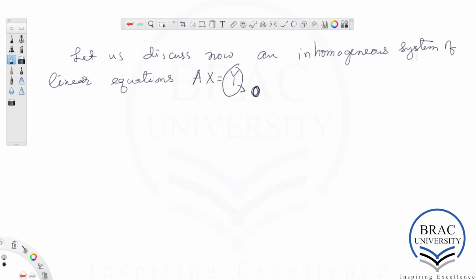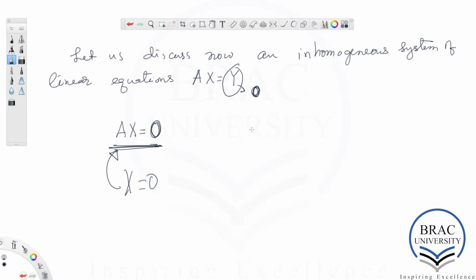Before embarking on the discussion, note the basic difference between a homogeneous and an inhomogeneous system of linear equations. Whenever you have a homogeneous system of linear equations, the trivial solution is always a solution. x equal to 0 is always a solution of the system.